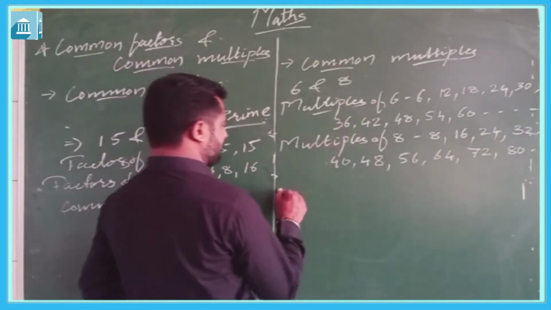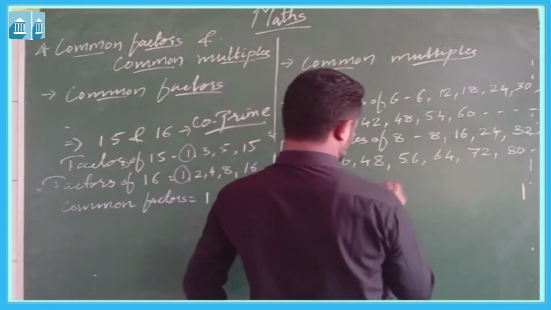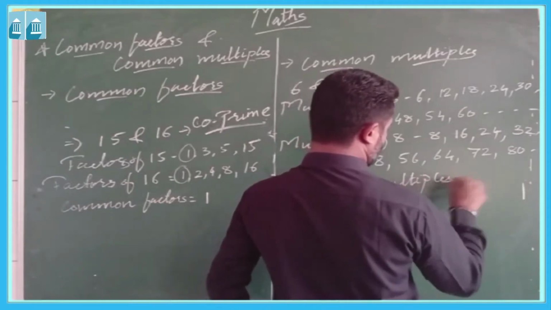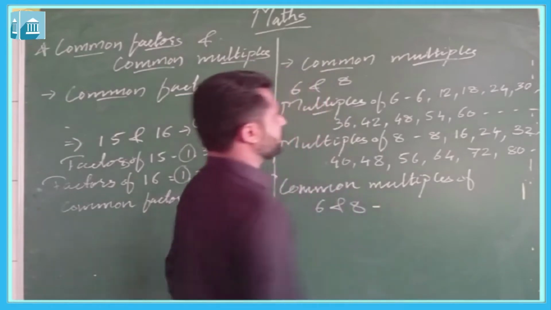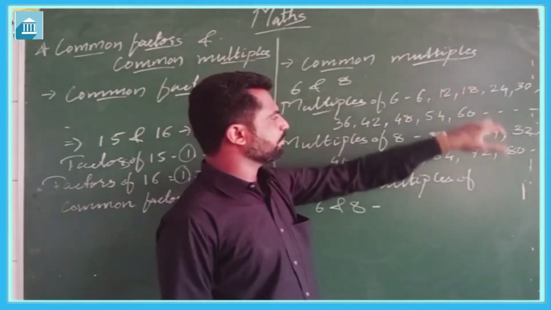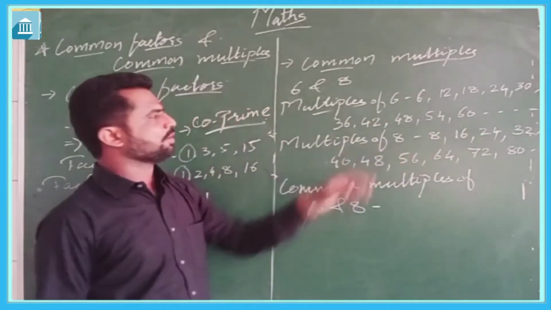Now we have to find out common multiples of 6 and 8. If we see the numbers which are multiples of both 6 and 8, they are common.